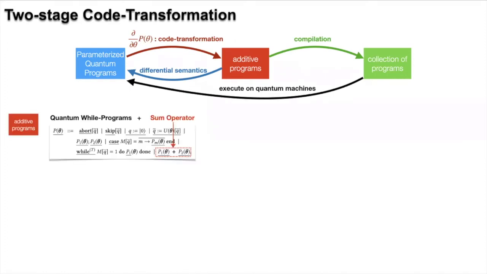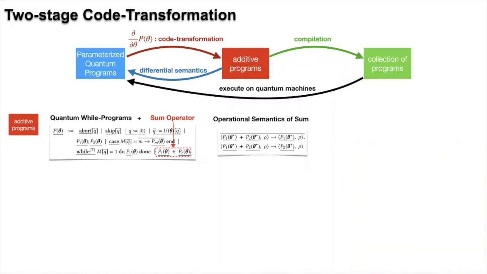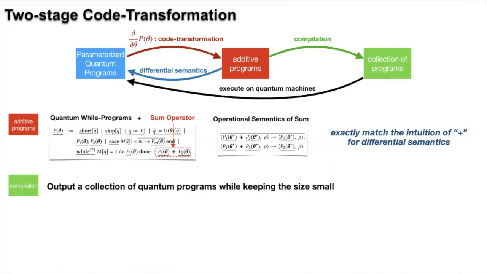Precisely, the way we define additive programs is by extending quantum while programs with exactly the sum operator we have seen before. Its particular operational semantics tells you that you have either way, choosing either branch. This matches exactly the intuition we're looking for of the sum operator. The compilation part basically wants to output a collection of quantum programs while keeping the size small.